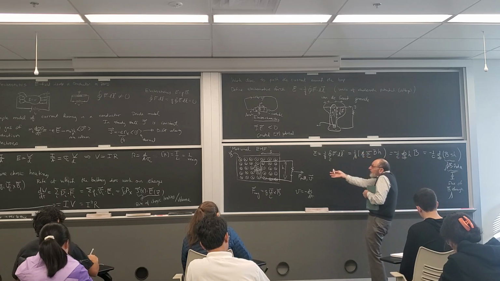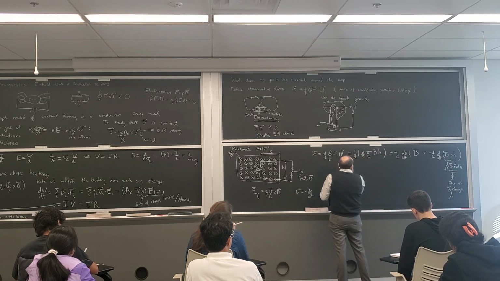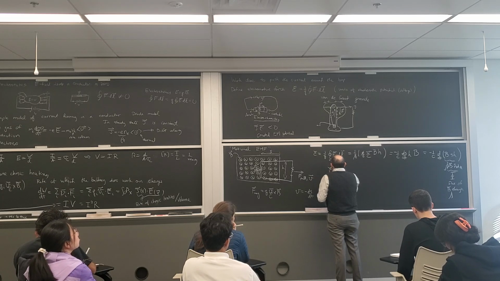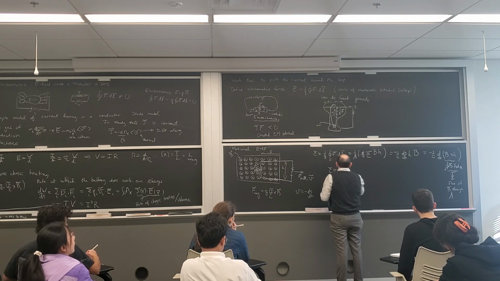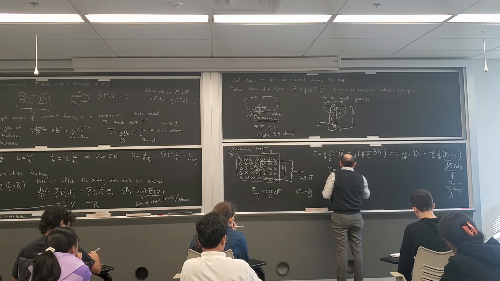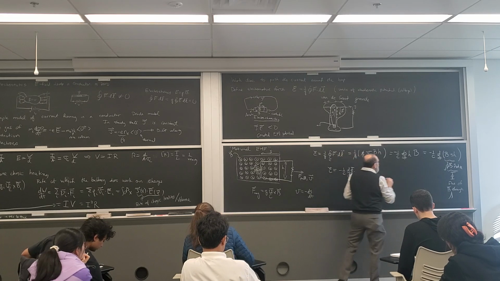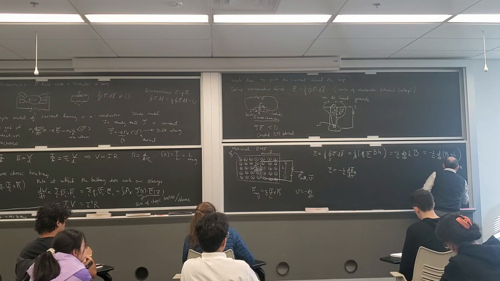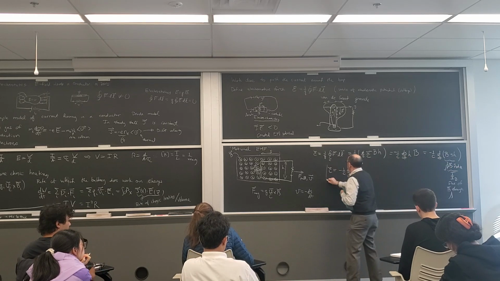And so what we see here is that the EMF is equal to minus 1 over c times the rate of change of the magnetic flux. Let me call it phi sub B, just to emphasize that this is the flux of the magnetic field.